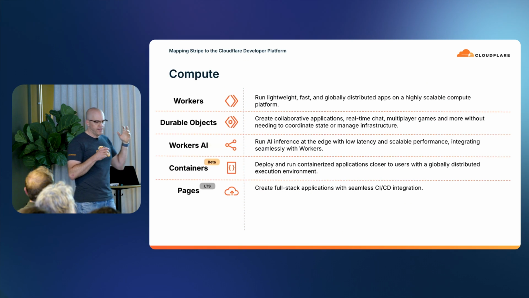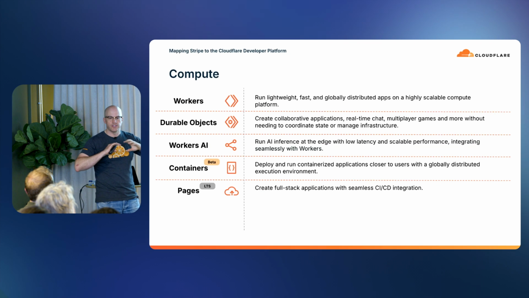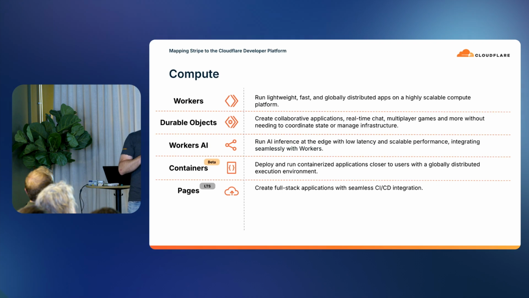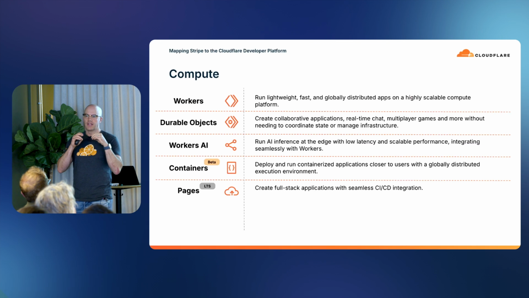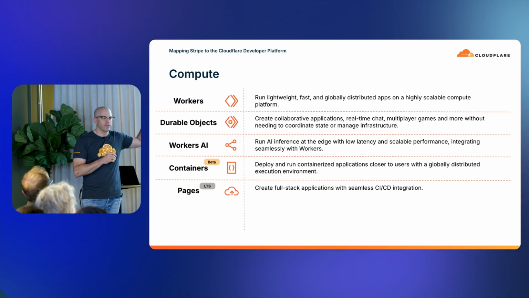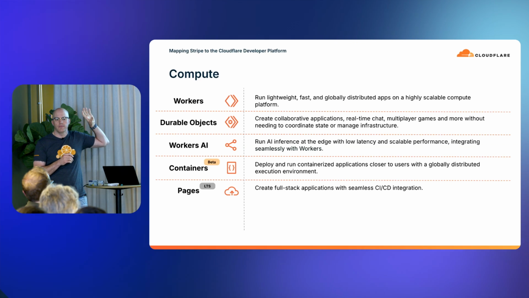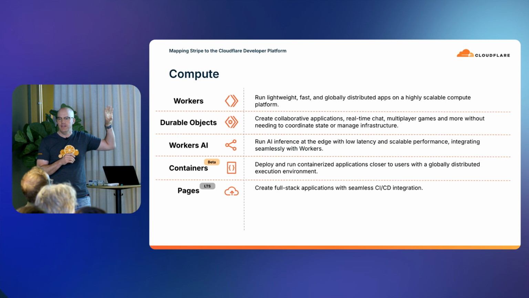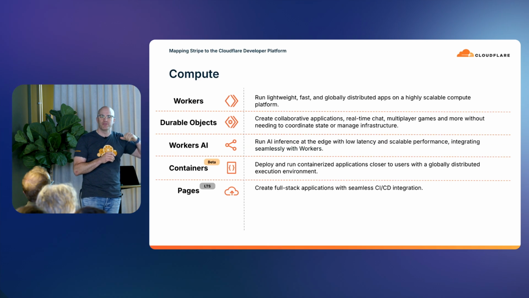And then we have, I'm not going to read these or go through them. It's just to show you the breadth of what's available. We have a number of different compute primitives, from Workers, which are like functions as a service, to recently we've released Containers as a beta on the platform. This is much bigger than you might think it would be, and it's not like Kubernetes. It's much simpler.